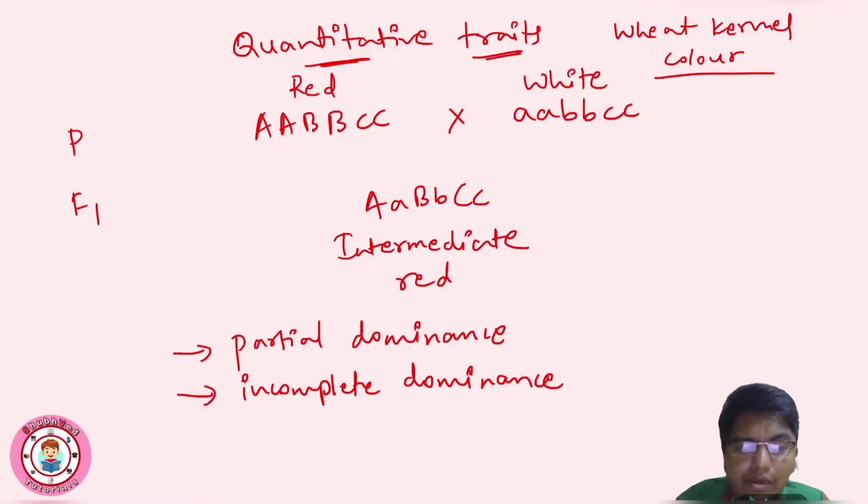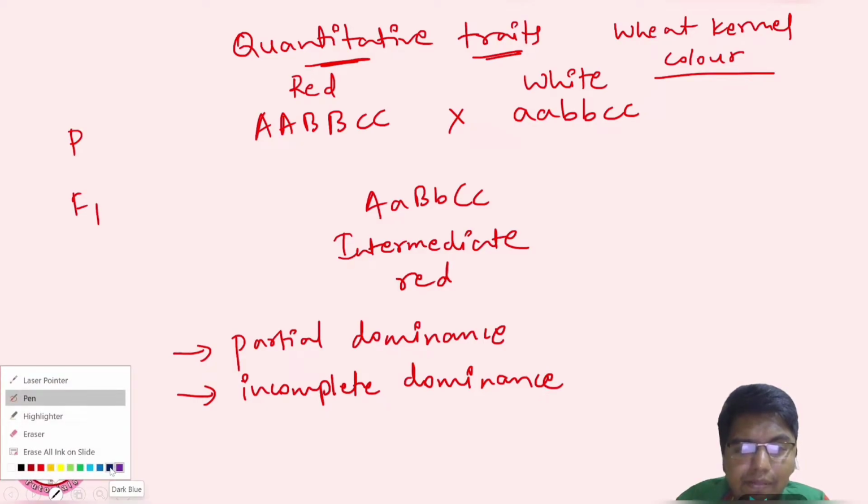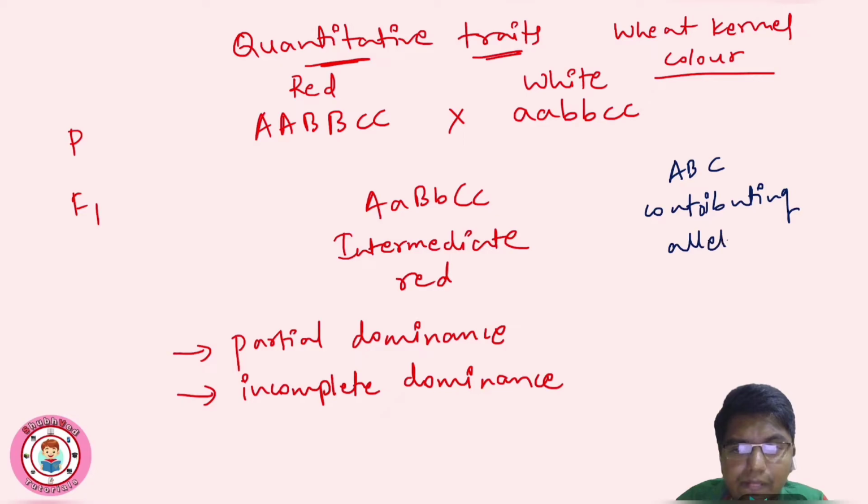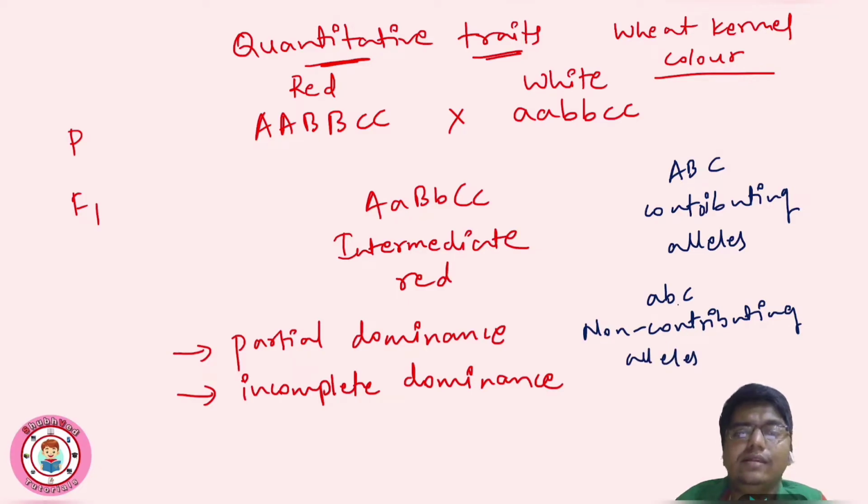But here in quantitative traits, the capital A, B, C are contributing alleles, and small a, b, c are non-contributing alleles.